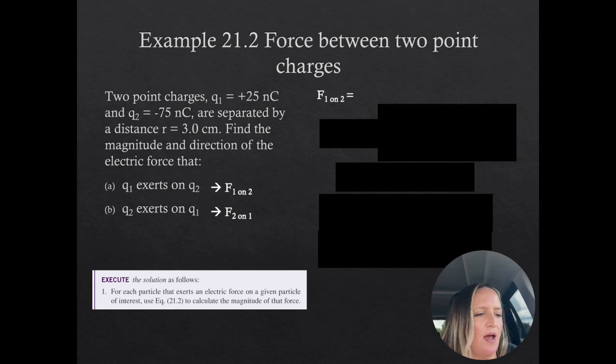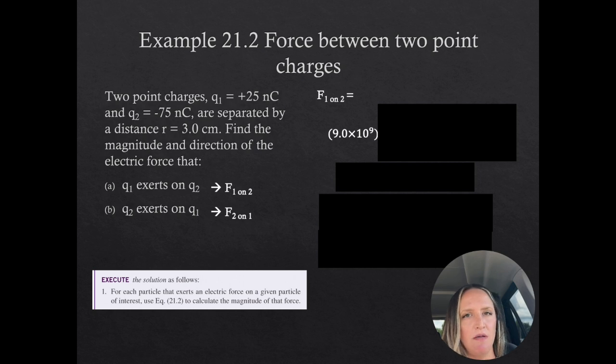So what we're asked to find is the magnitude and direction of the force that Q1 exerts on Q2, and vice versa, the force that Q2 exerts on Q1. And the way that you write this force with subscripts is 1 on 2 and 2 on 1, respectively. So the object that is feeling the force is going to be the second subscript, okay?